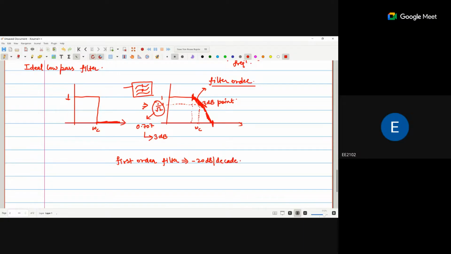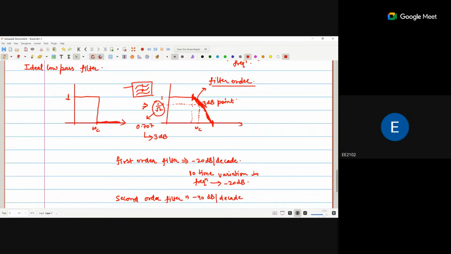What is the meaning of that? With a 10 times variation in frequency, the magnitude will be reduced by 20 dB. Okay, if you are talking about the second order filter, the slope is minus 40 dB per decade.